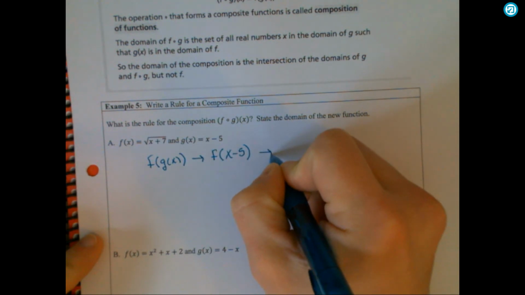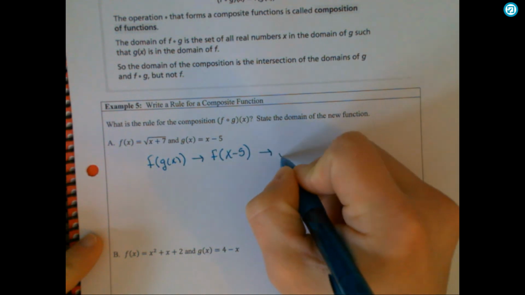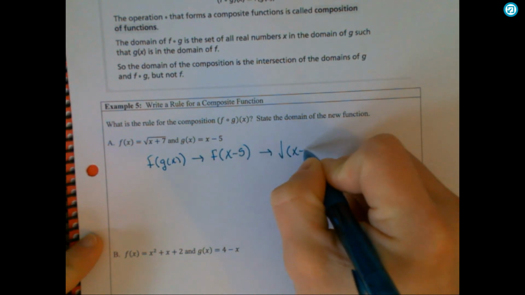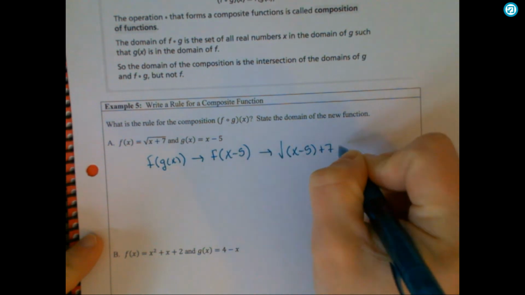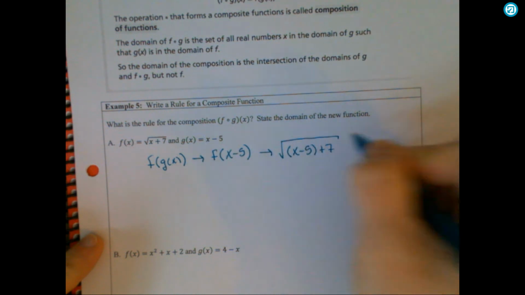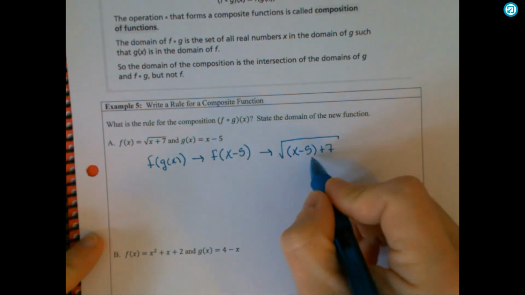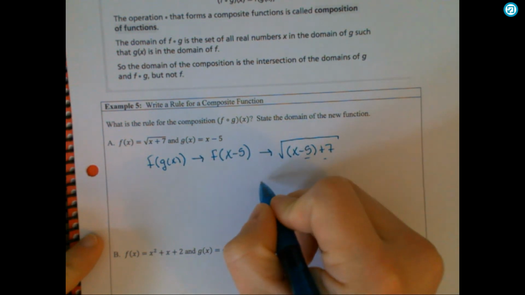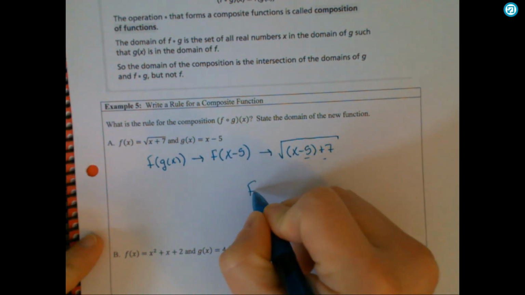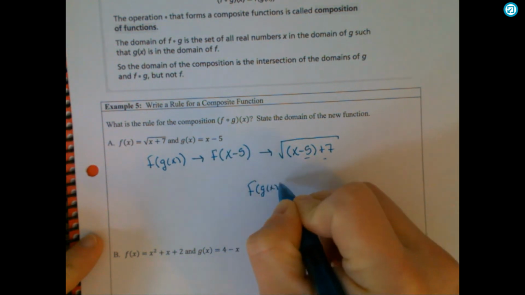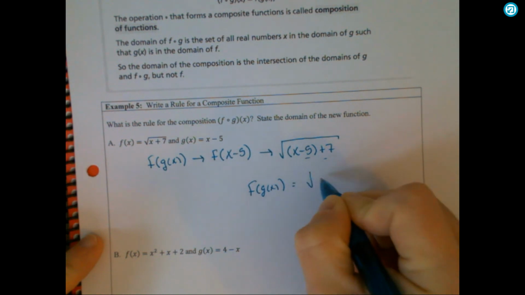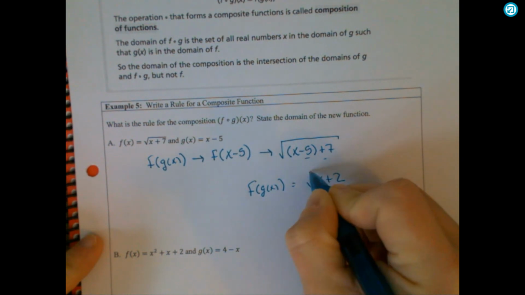So it's going to equal the square root of x minus 5 plus 7. Okay. Go ahead, combine your like terms. And we're going to end up with f of g of x equaling the square root of x plus 2.